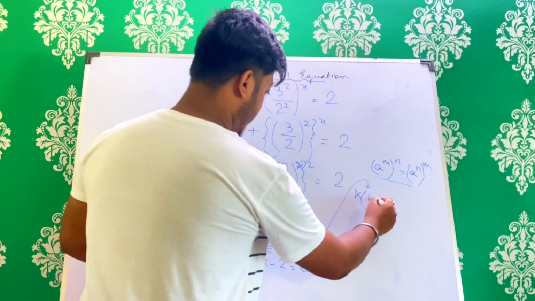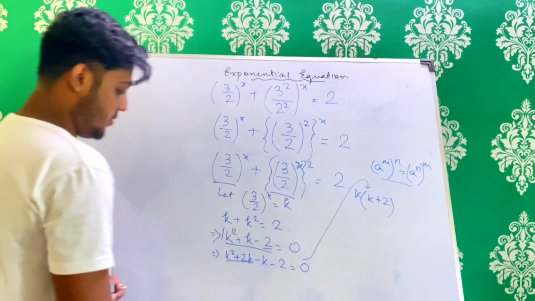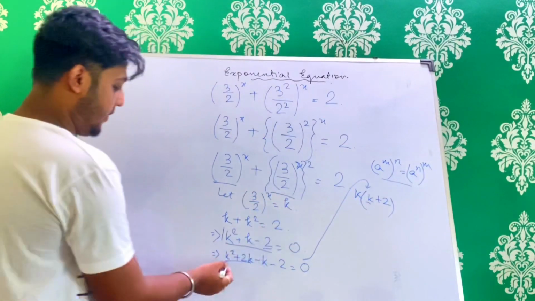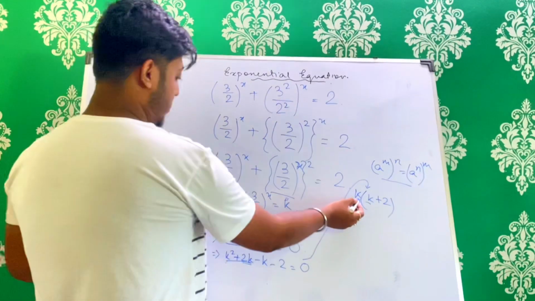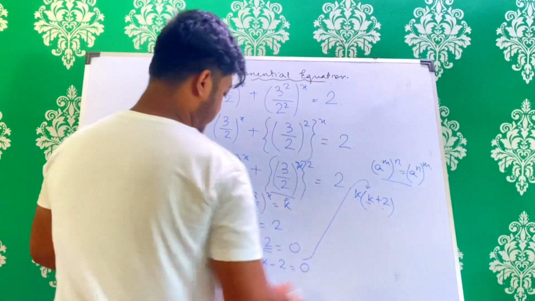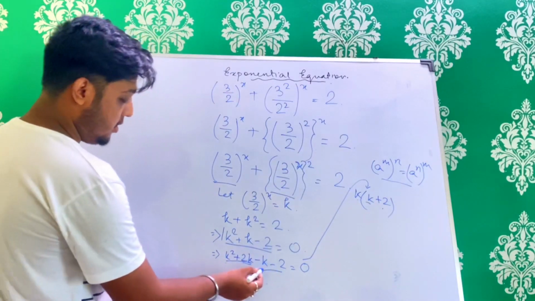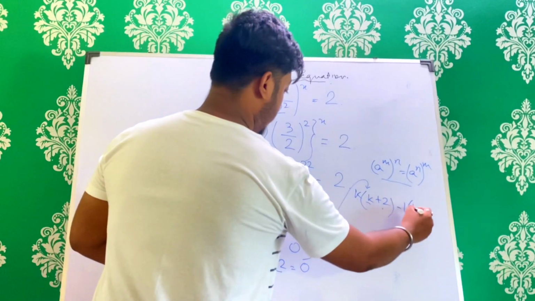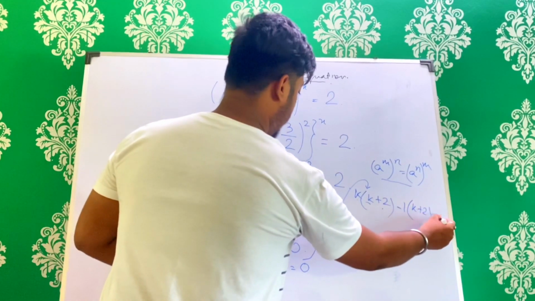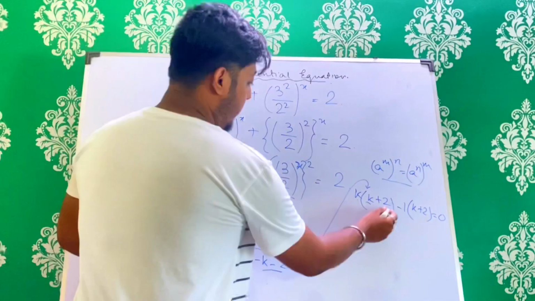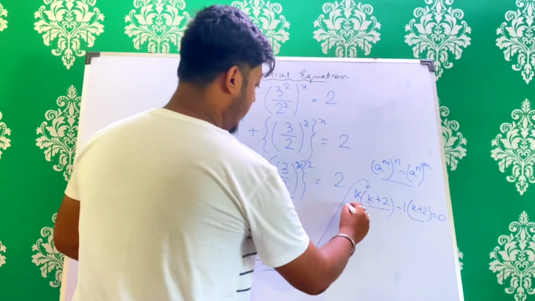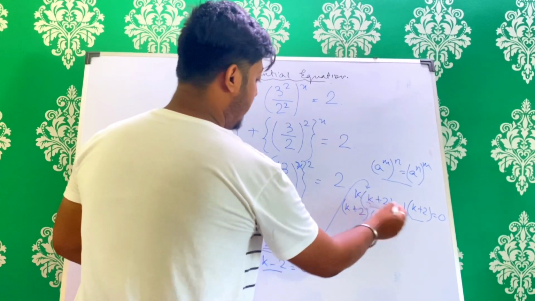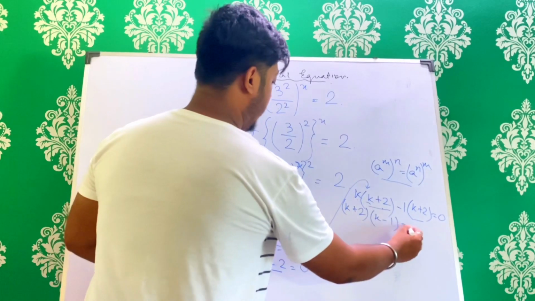We are getting k plus 2. From k square we are taking k as common, 1k has been left. From 2k we are taking k as common, so 2 has been left. From here we can take minus 1 as common, so we are getting k plus 2 again, which is equal to 0. And from this we can take k plus 2 common and k minus 1 is left.